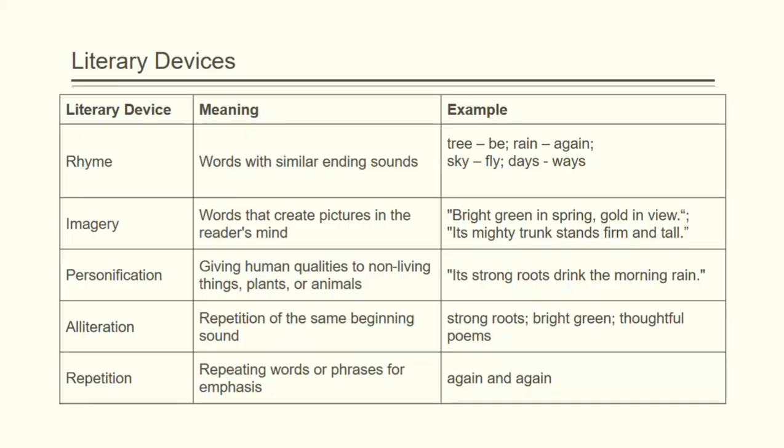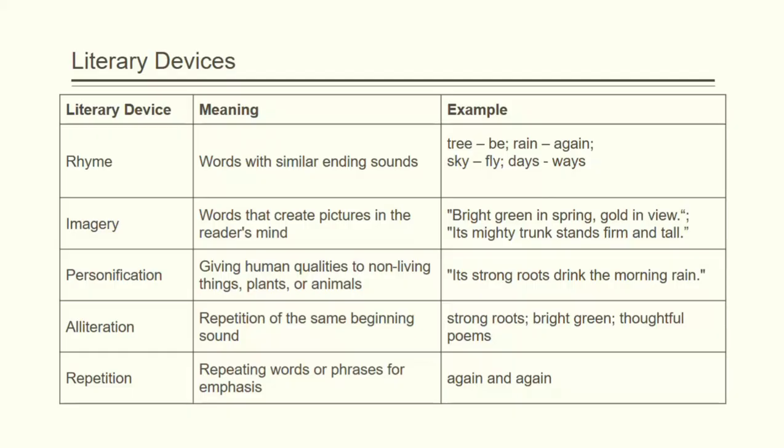These are words that create pictures in the reader's mind. For example, bright green in spring, gold in view, its mighty trunk stands firm and tall. So once these phrases are read, it creates certain mental pictures in the reader's mind.